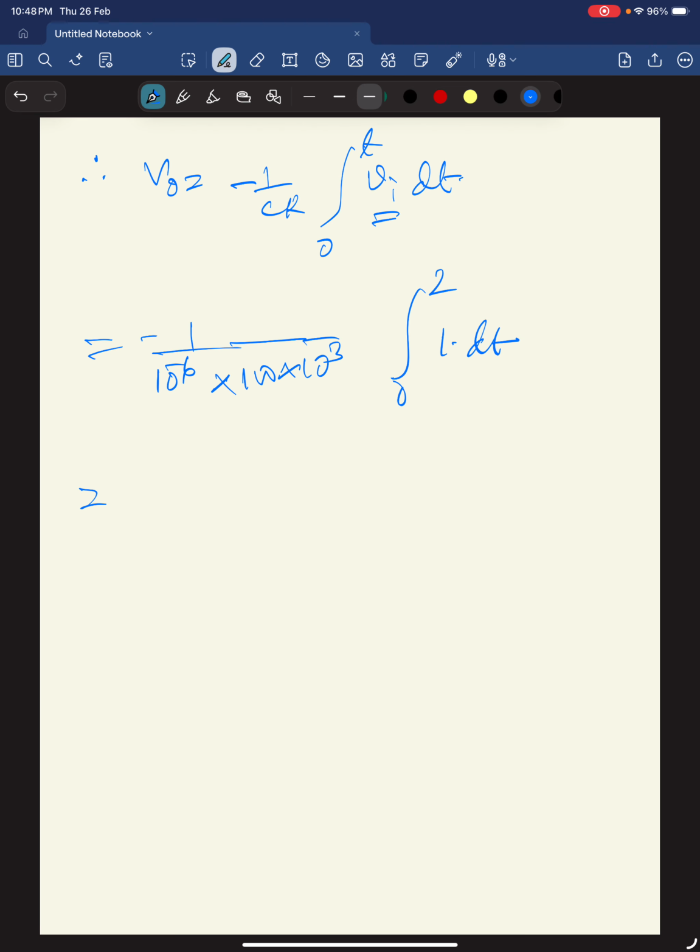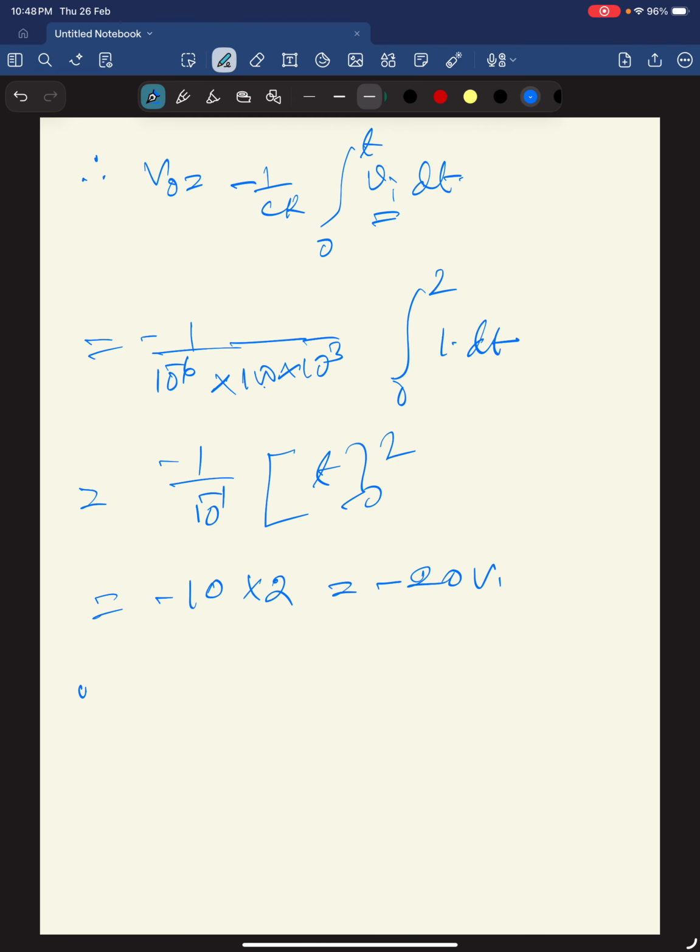So it will be minus 1 by 10 to the power minus 1, into integral 0 to 2 dt, so minus 10 into 2, so minus 20 volt.